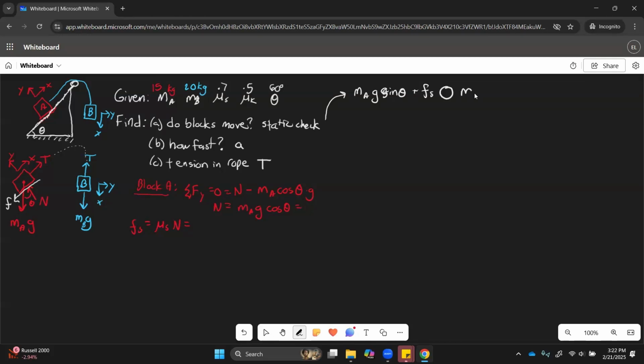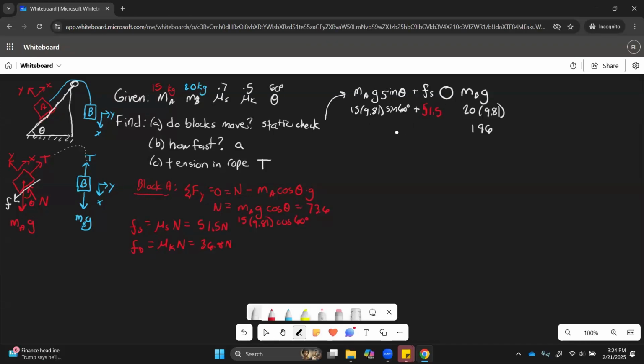Compare that to mass of B times gravity. So here we have 127.4 plus 51.5 equals 179. Okay, so now here, this 196 newtons from B is greater than the 179, so the blocks move.